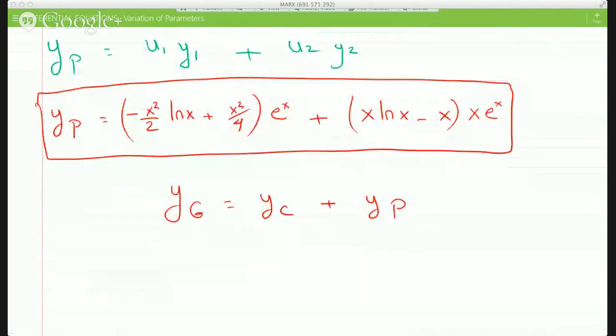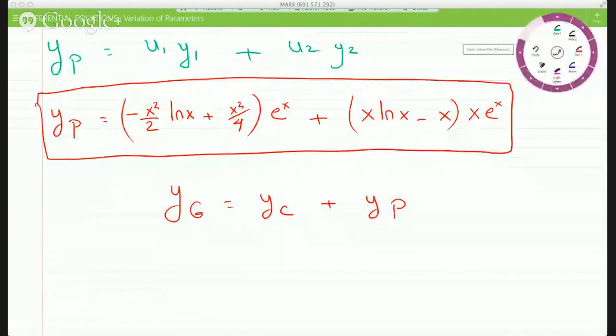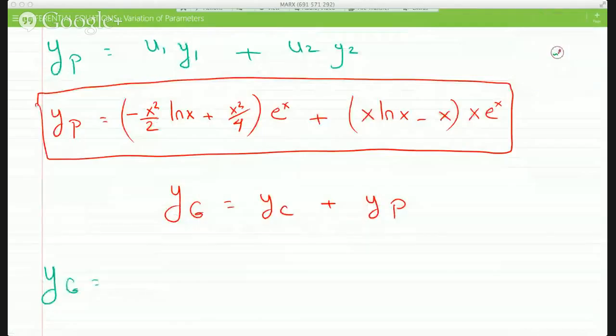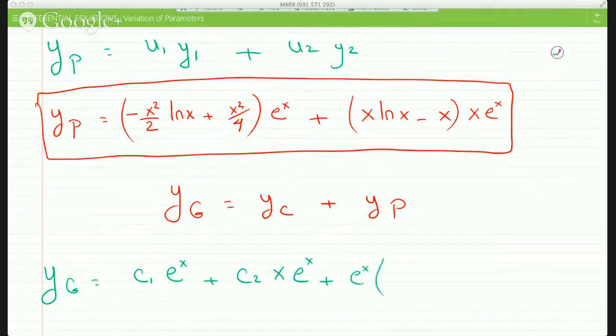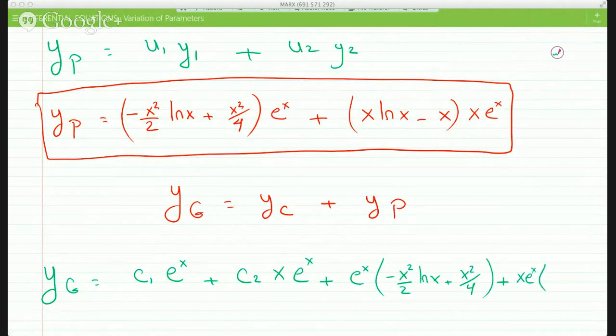We already have the y complementary, so we can finalize by writing y general is c1 e to the x plus c2 x e to the x, plus e to the x times minus x squared over 2 ln x plus x squared over 4, plus x e to the x times x ln x minus x.